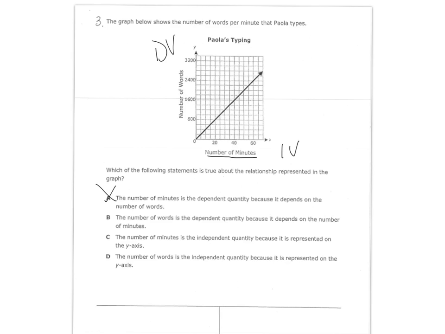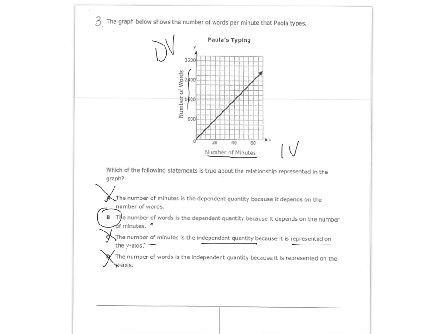No. The number of words is a dependent variable because it depends on the number of minutes typed? Maybe. The number of minutes is the independent variable because it is represented on the y. Minutes is an independent variable, but is it on the y? No. The number of words is the independent variable. We already know that's not true. So what's the only answer that works? B.